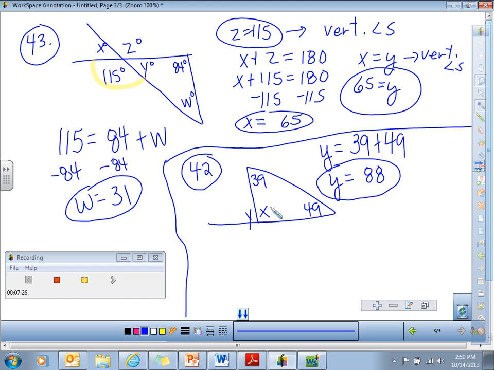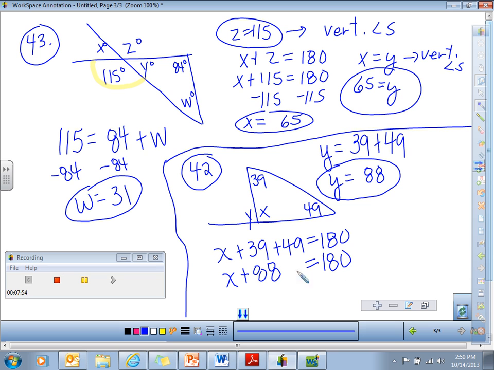Now what's one way you can find X? What's all equal to 180? Right, you can say that these three angles inside are equal to 180. So X plus 39 plus 49 add to be 180. Same problem we just did. What's 39 plus 49? 88.